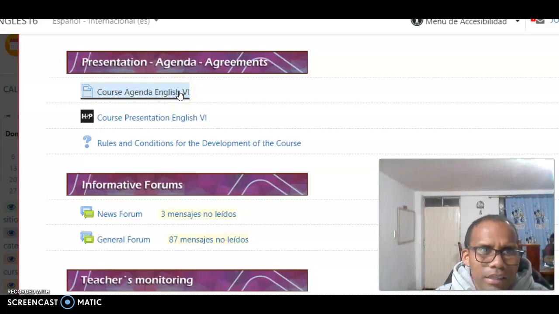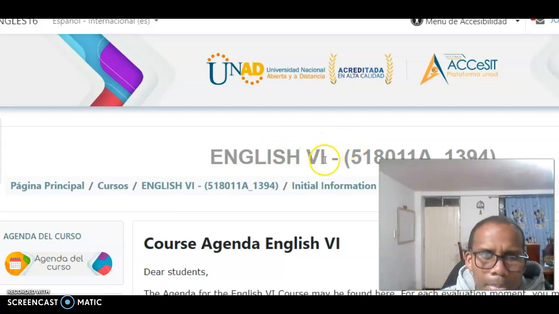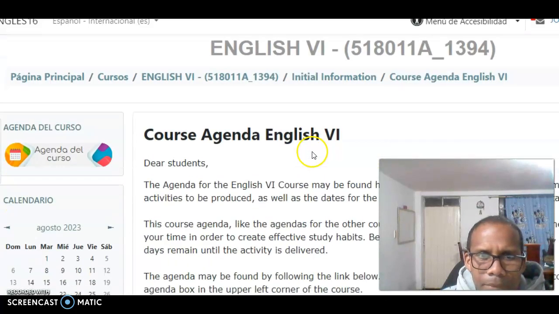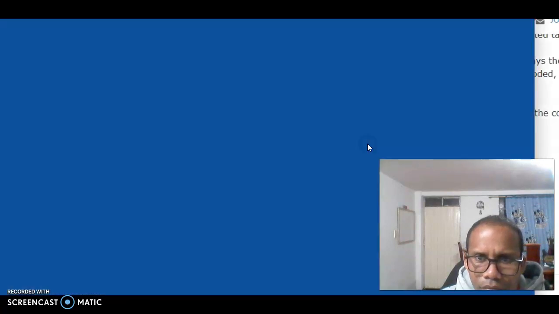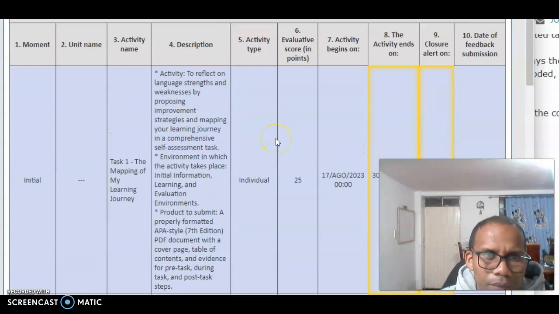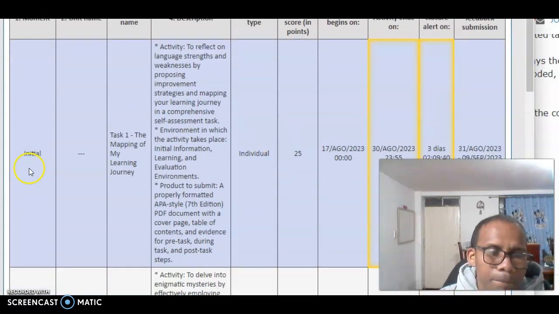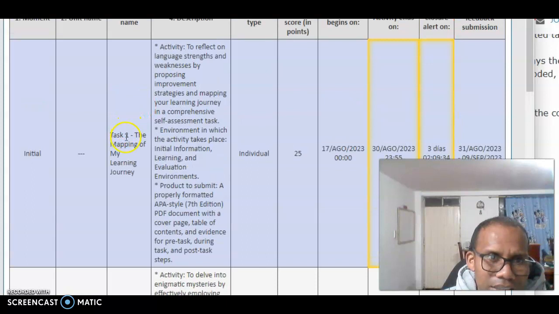This is the agenda course. In the initial moment we have task 1.